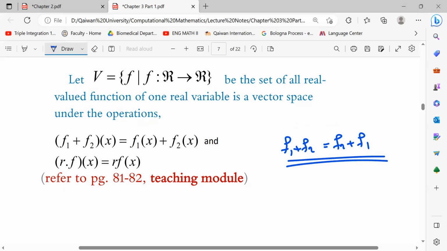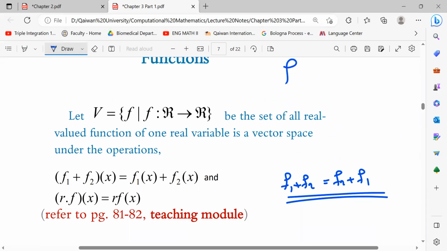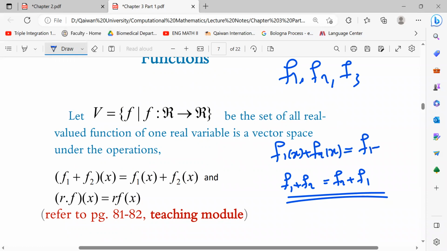Before that, we have another axiom. We have f1, f2, and f3. We say f1 of x plus f2 of x must equal f1 plus f2 of x. Of course, it's true for all functions.